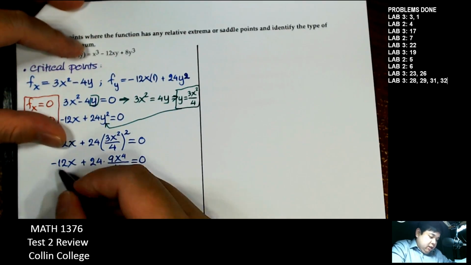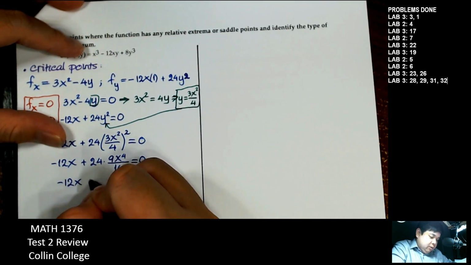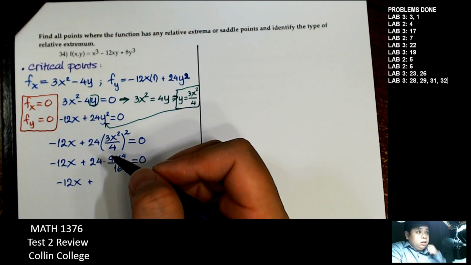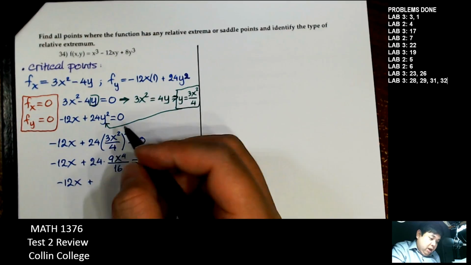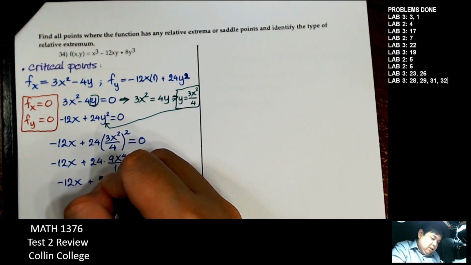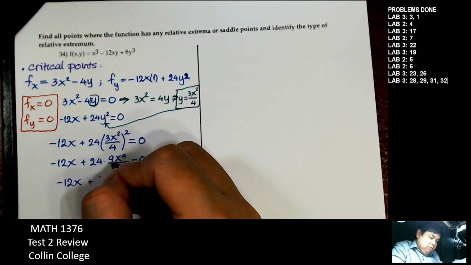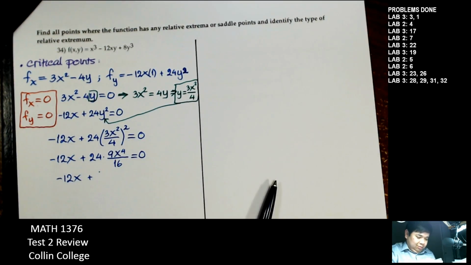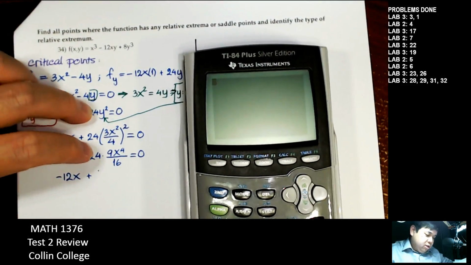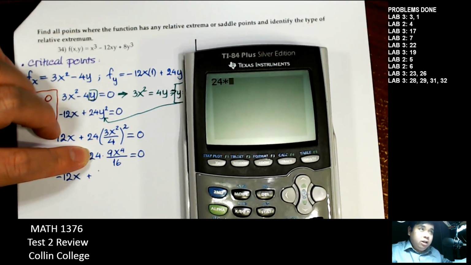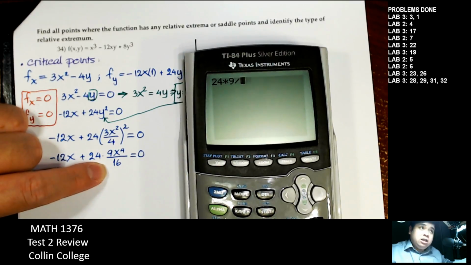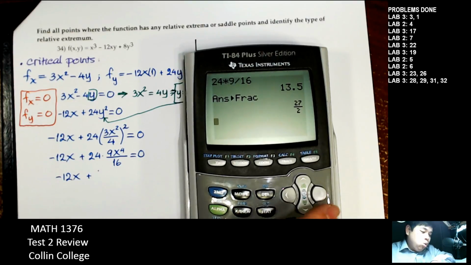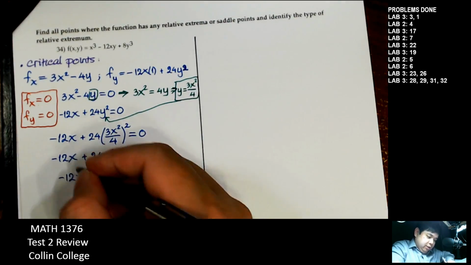To simplify, 24 and 16 will be 3 halves, and we have the 9 there as well, so do all the constants together: 24 times 9 divided by 16 is 27 over 2.